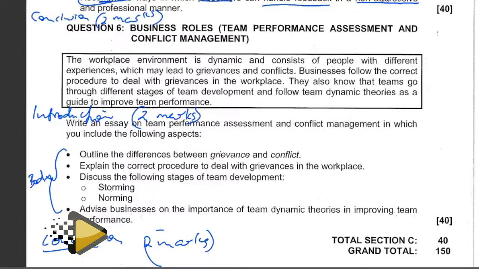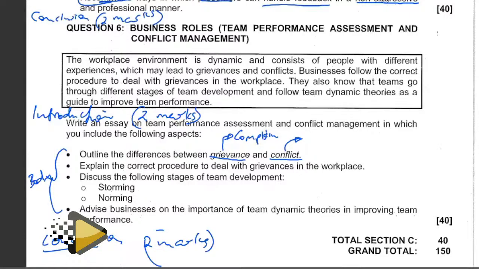So now, we are landing on the difference between a grievance and a conflict. This should be noted, grade 12. I know most of you don't know how to differentiate a grievance and a conflict. A grievance is a complaint. Here is where you lay your complaint.